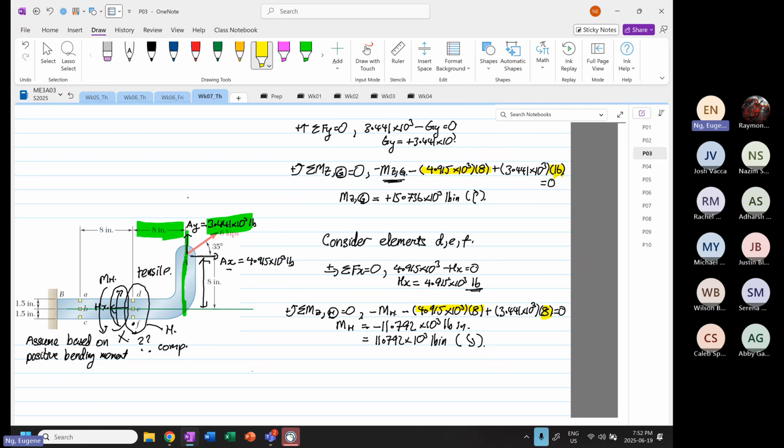Okay, so this is how you deal with combined loading. And the unique thing about this is both our force components AZ, AX, and AY generate a moment about the x-axis.